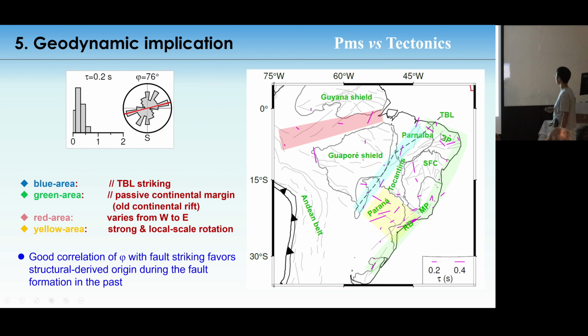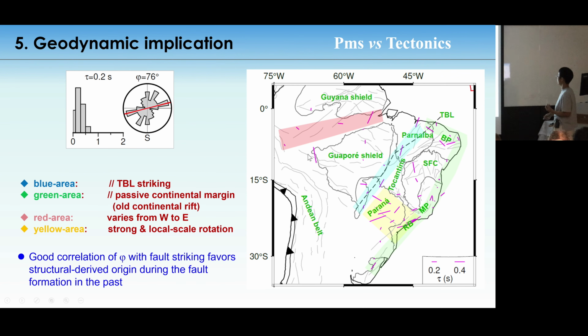And for the green shaded area, we can see that the fast direction here, and here, and here is almost parallel to the passive continental margin. It's around the striking of the margin.